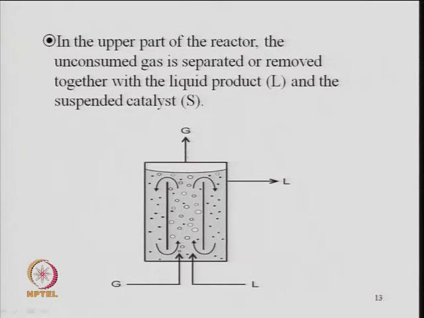If you look at the upper part of the reactor, the unconsumed gas is separated, or removed together with the liquid product. Part of the liquid can be removed along with the suspended solid catalyst. Gas is separated, and the baffles give a kind of recirculation within the system. You remove the product here, you remove the gas here, and the gas and liquid are continuously recycled in the system.